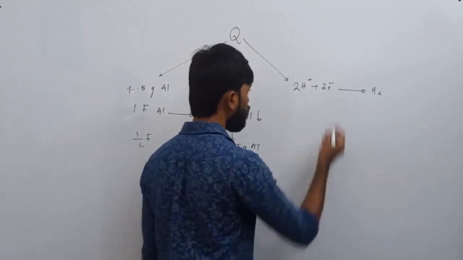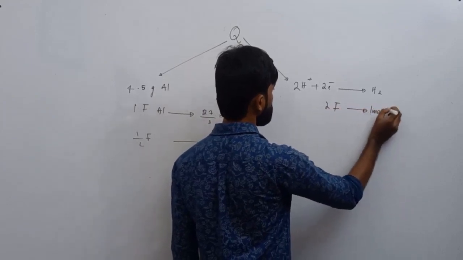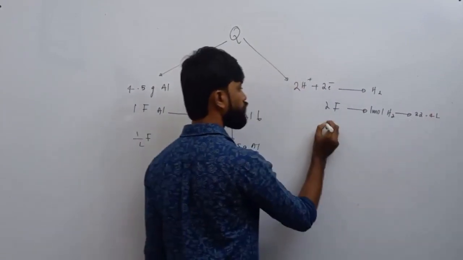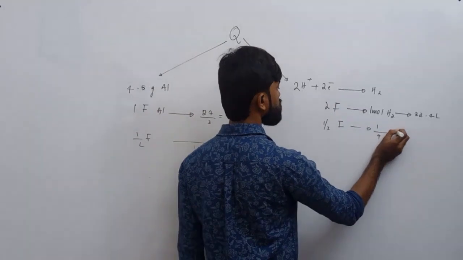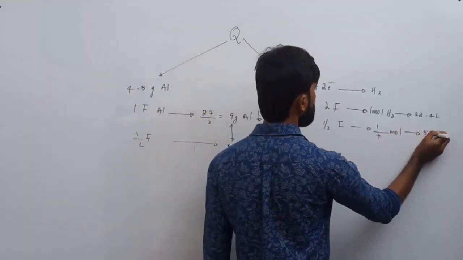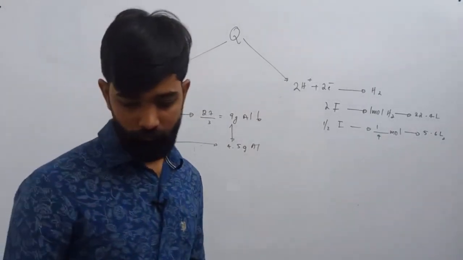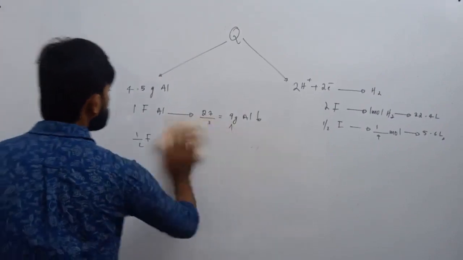That is the question. We know that from this reaction, 2 farad passed 1 mole hydrogen, which means 22.4 liter. So half farad passed 1/4 mole hydrogen, which means 5.6 liter hydrogen. So the answer will be 5.6. Okay, ready? Moving to the next question.